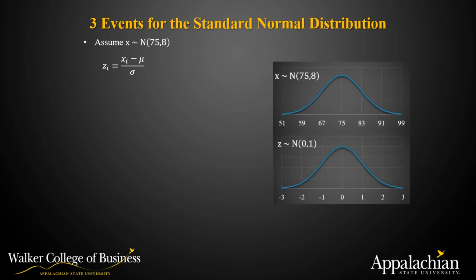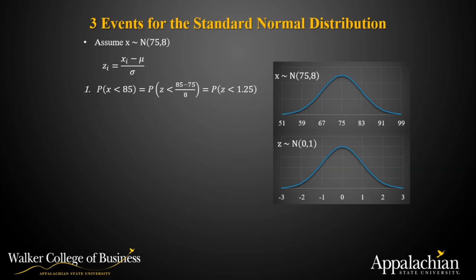As you can see below, the standard normal distribution with the mean of 0 lines up with our normally distributed variable with a mean of 75. And the standard deviation of 8 with our normally distributed variable has been converted to a value of 1. So every time x increases by 8, z is increasing by 1.